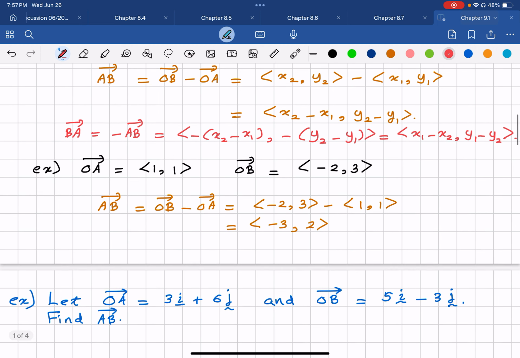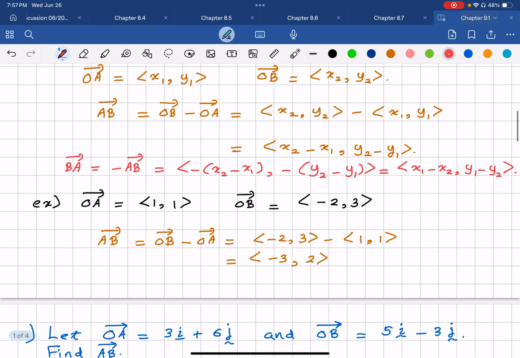Okay. Similarly, in this example, what is my vector BA? It is going to be negative AB, that is negative (negative 3, 2), and I would get (3, negative 2). Okay, right.